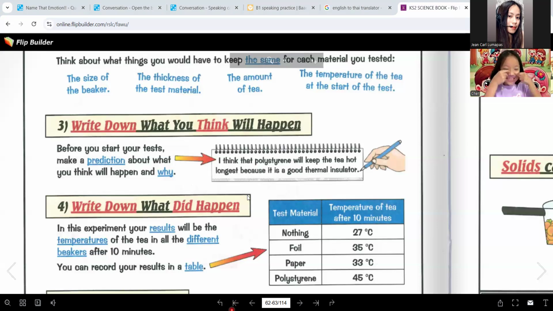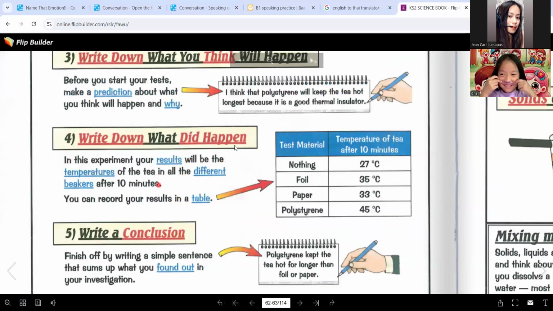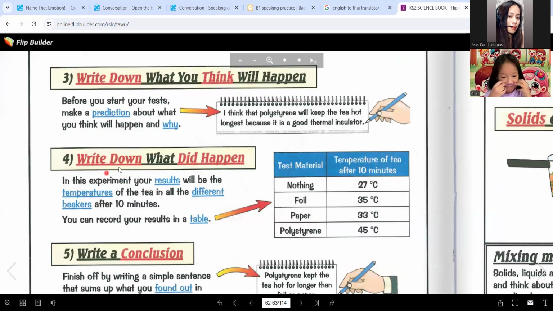Number four. Write down what did happen.